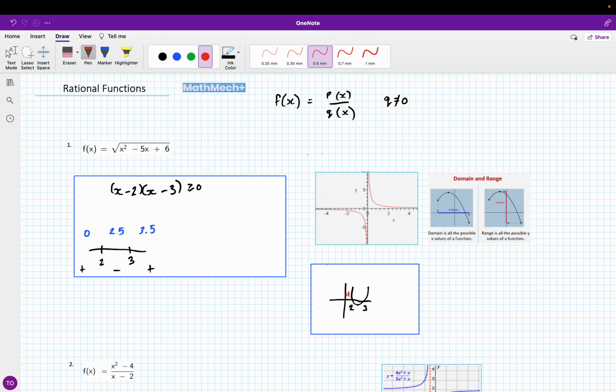We put that as positive here and positive there, according to our test. So we find that our domain, so I'll put D for domain, is minus infinity and 2, and our range is 3, positive infinity.